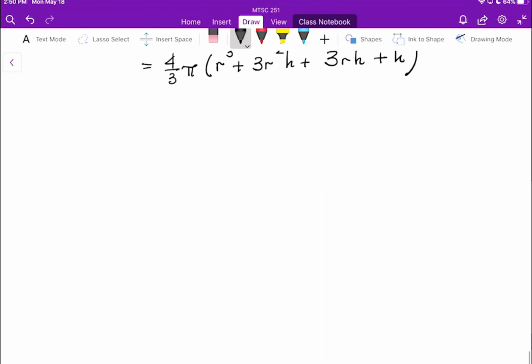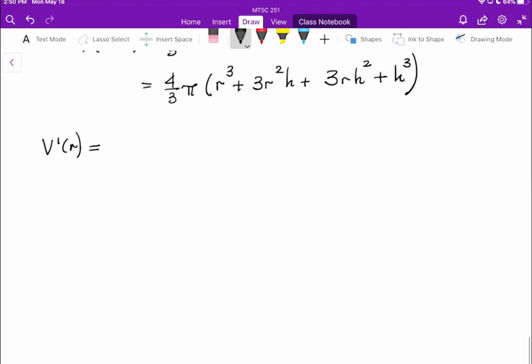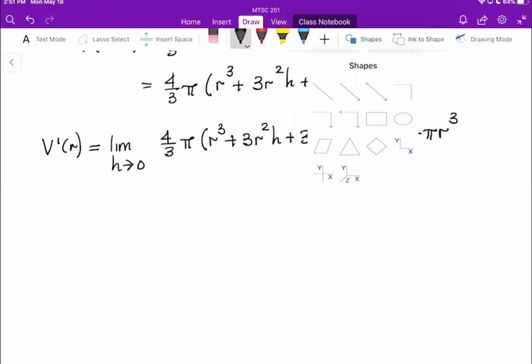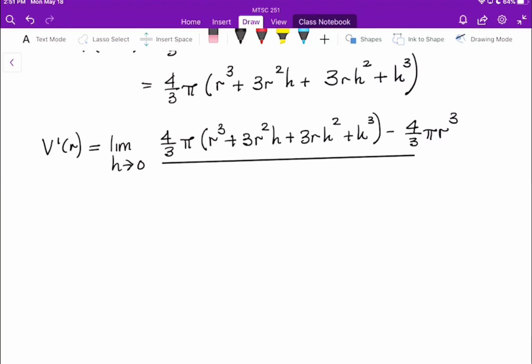So therefore, v prime at r is going to be the limit as h approaches 0 of 4/3 pi times r cubed plus 3r squared h plus 3r h squared plus h cubed minus 4/3 pi r cubed, because that's v of r, and we are going to divide by h.